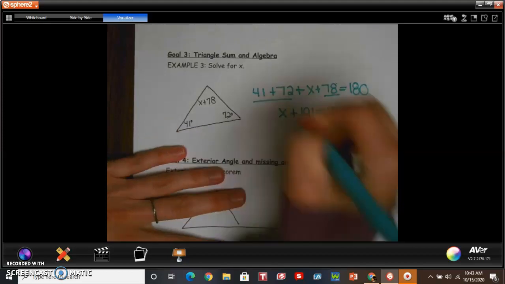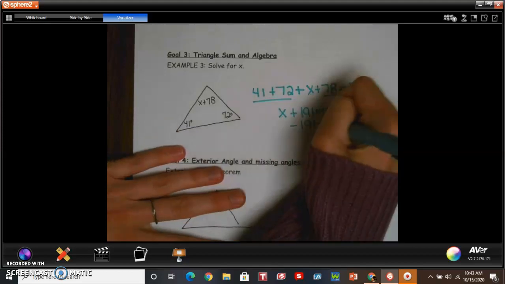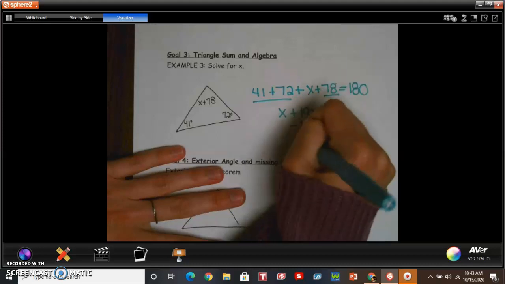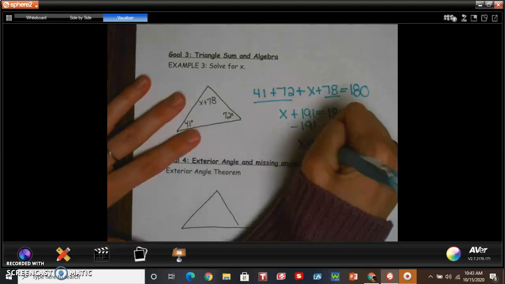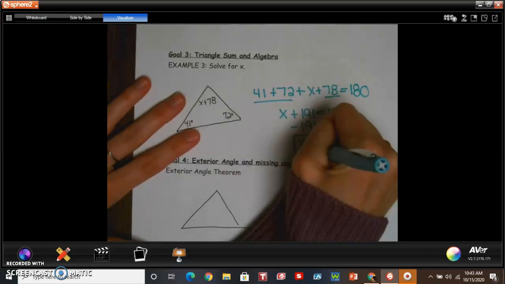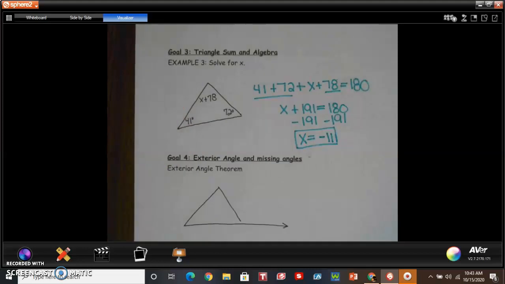Okay? We're going to subtract 191 to get x by itself. We get the value of x is a negative 11. Okay? You'll have questions like this on your assignment too. Again, there'll be multiple choice, so it'll be okay.